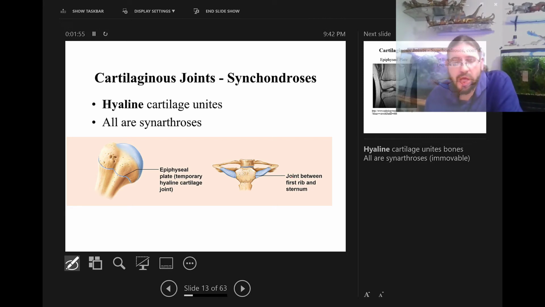They are all synarthrotic, which means immovable, right? And the reason they are synarthrotic is that these joints are basically sealed bones with hyaline cartilage.